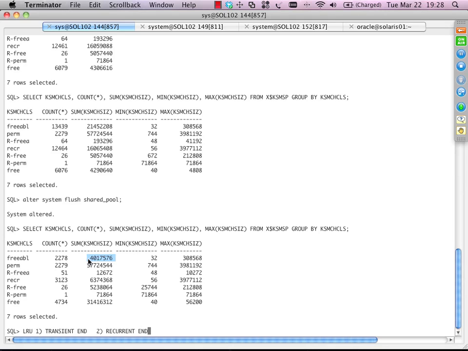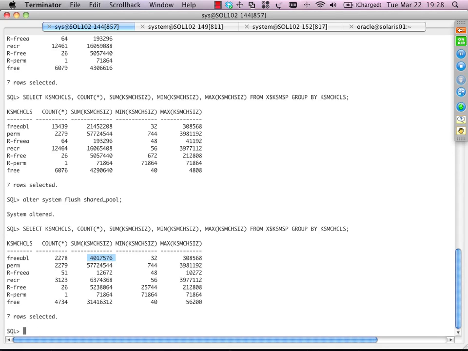So my cursor owns that freeable chunk, but the cursor itself is recreatable. So now when I flush out that cursor, then whatever code path is doing the flushing sees that, hey, there is a freeable chunk, and it's owned by that cursor, which I'm gonna flush out anyway, and therefore it's okay to free it. As usual, the rabbit hole goes deeper, and things change over versions and so on. That's why this whole shared pool thing is so unexpected and hard to troubleshoot.